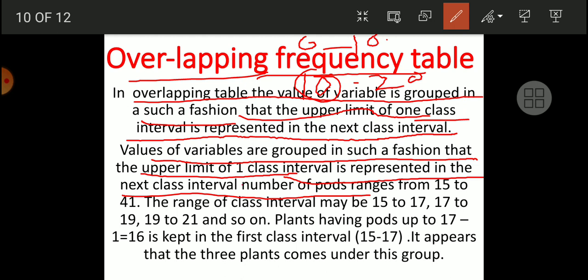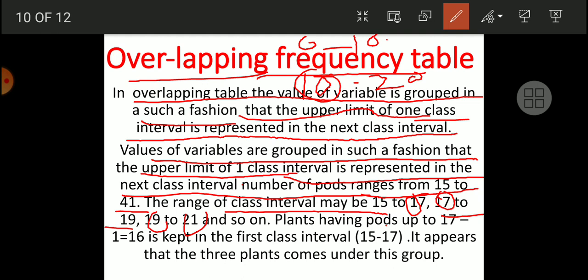So the number of pods ranges from 15 to 41, and the classes may be 15 to 17, 17 to 19. So here 15 ते 17 हा एक क्लास असला तरी त्यातला 17 पुन्हा आपल्याला खालच्या ह्याच्यामध्ये दिसतोय, 17 ते 19, परत खालच्या ह्याच्यामध्ये दिसतोय, 19 ते 21, and so on. Plants having pods up to 17 and ahead of that.